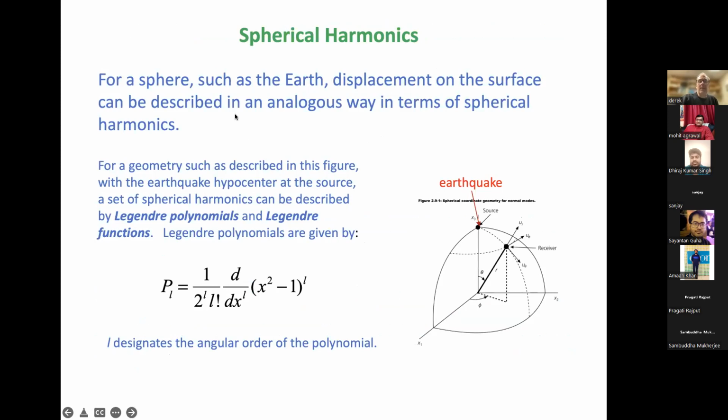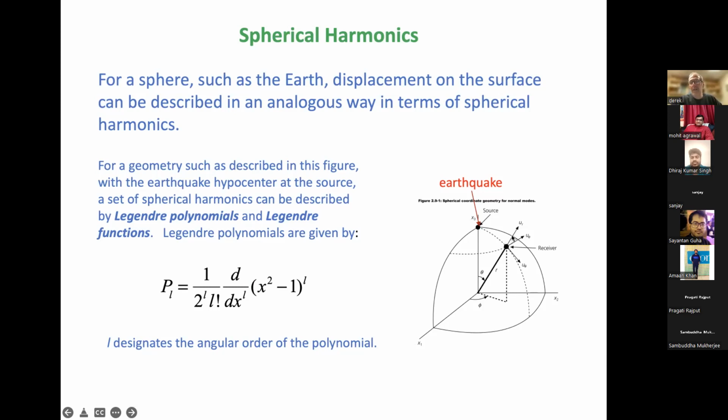So for a sphere, displacement on the surface can be described in an analogous way in terms of spherical harmonics. We will use something called Legendre polynomials and Legendre functions. And the geometry we will use is the earthquake source will be at the North Pole. And then we will talk about the distance theta that the receiver is from the source.